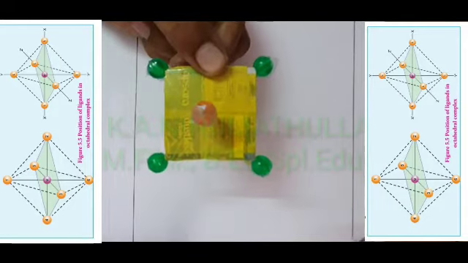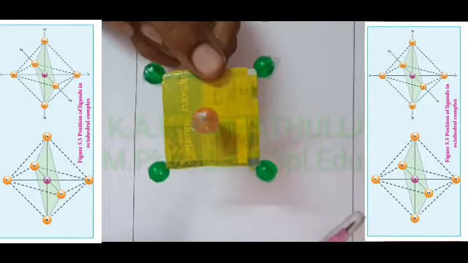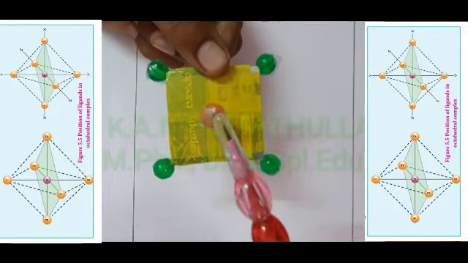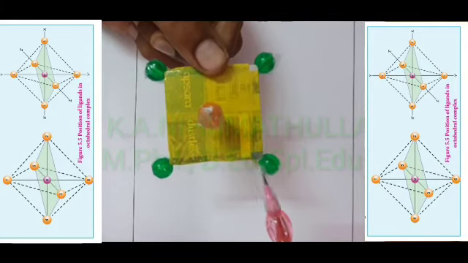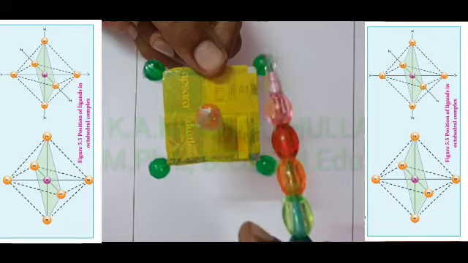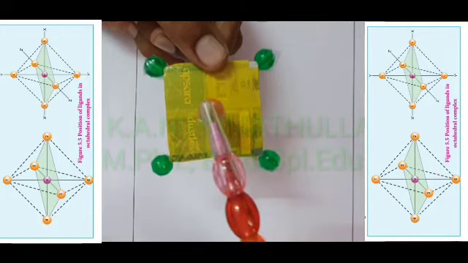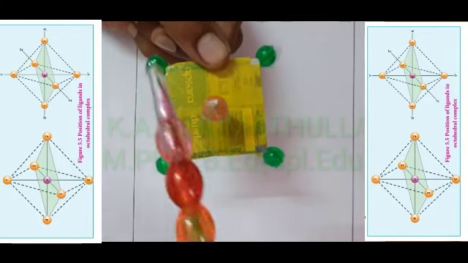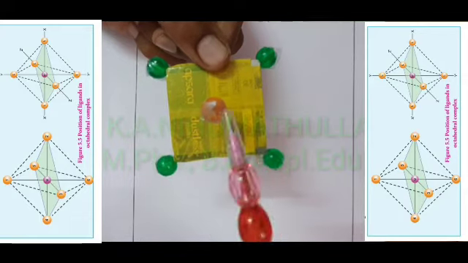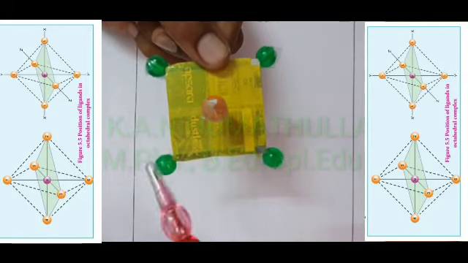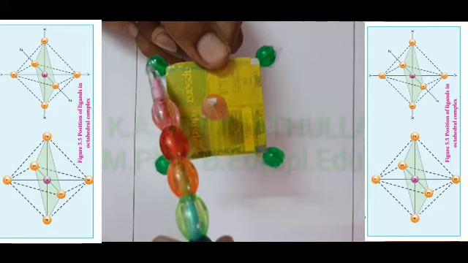Now how to find the 12 cis positions in this complex? Join the ligand above the plane with the corner ligands: 1,2; 1,3; 1,4; 1,5.